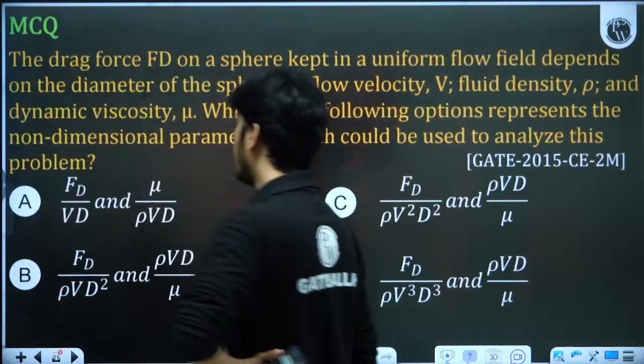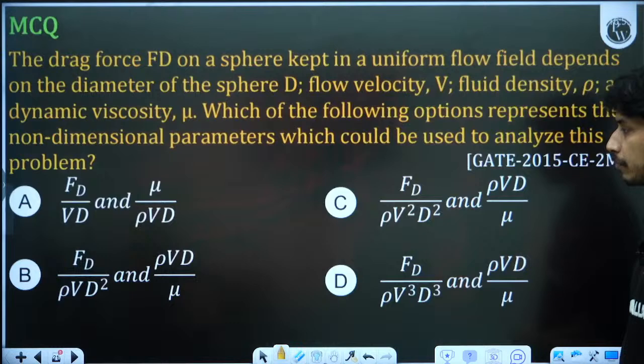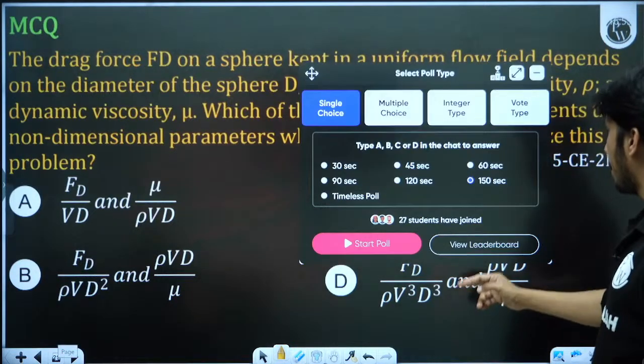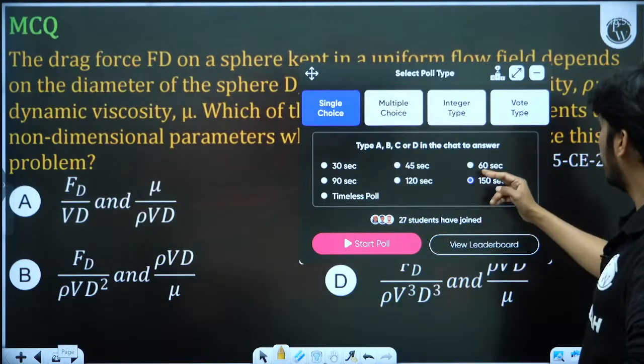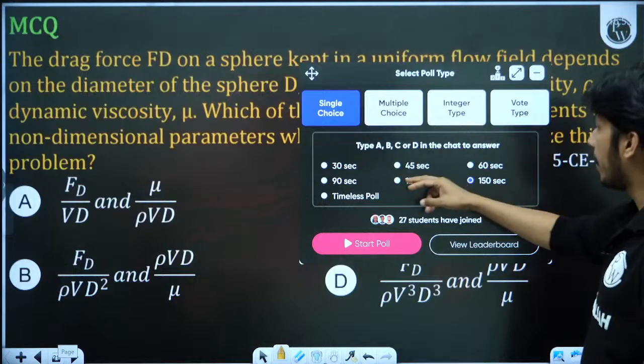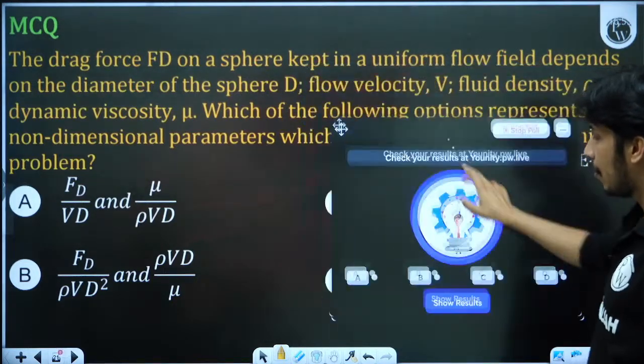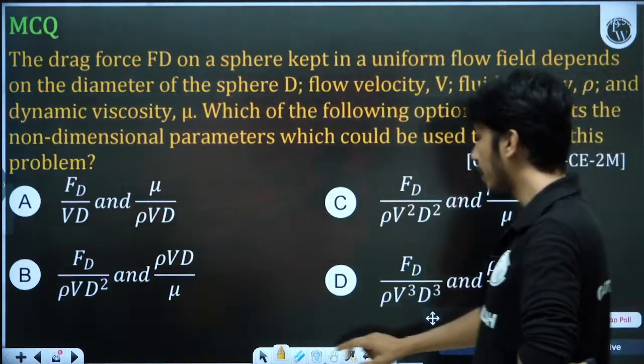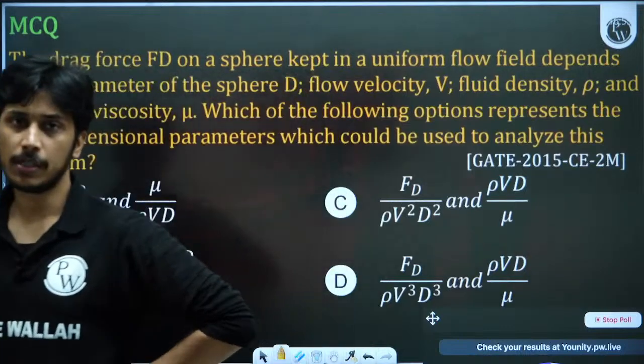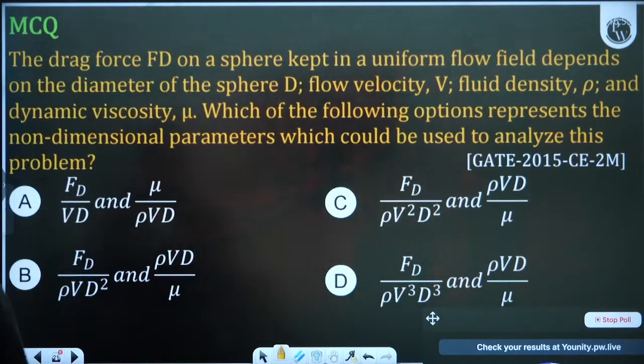Let us do this question. This is from your boundary layer theory. I'm creating the poll. This was for 2 marks. This was a theoretical question because only equations are asked. So I'm giving you 2 minutes for this. 2 minutes are sufficient for this. This is again for 2 marks.